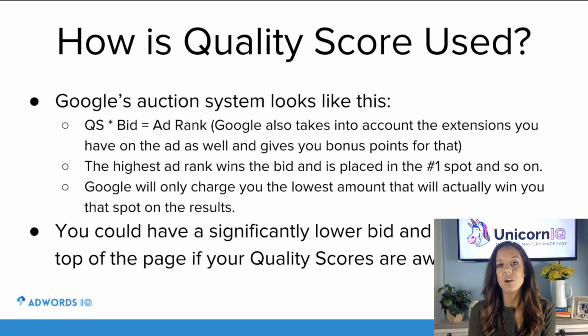So it's just based on a keyword's historical performance, and it usually takes about 1 day or so for the quality score system to have enough performance data to start really setting a different quality score and evaluating it specifically for your account.